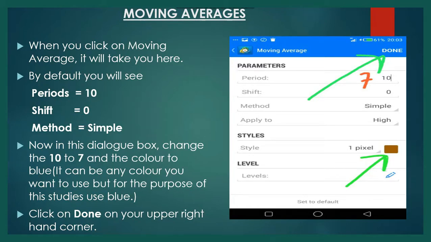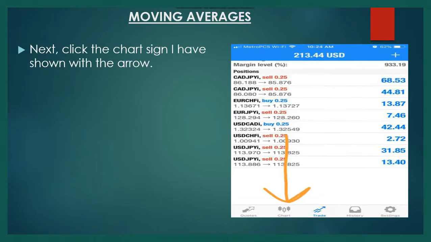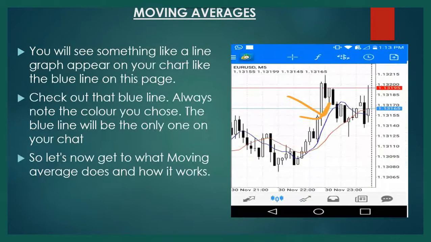It can be any color you want to use, but for the purpose of this study, use blue. Click on done on your upper right hand corner. Next, click the chart sign I have shown with the arrow on the image on our right hand side. You will see something like a line graph appear on your chart, like the blue line on this page.